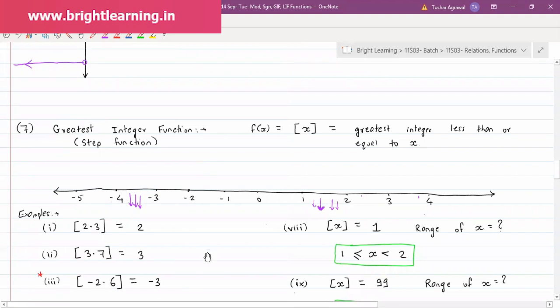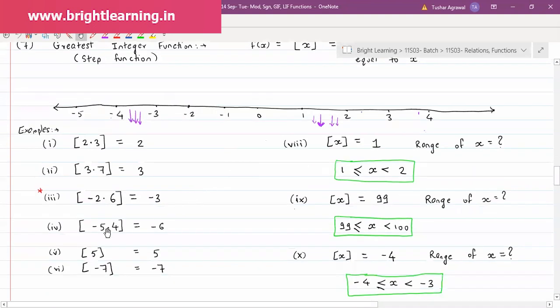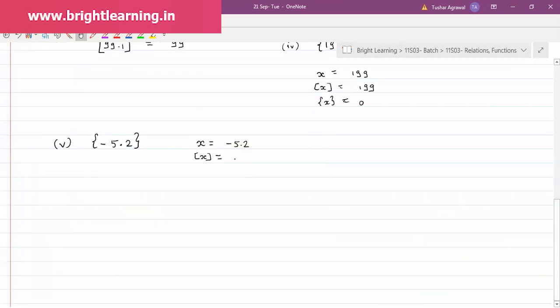Minus 5.4 step value is negative 6. If x is lying over here, in this range between minus 3 and minus 4, the greatest integer less than x will be negative 4. So according to that, the step function of minus 5.2 will be minus 6. I think here no one should have any doubt.